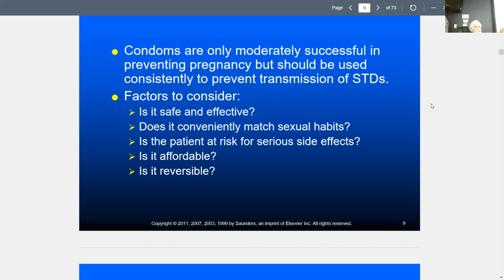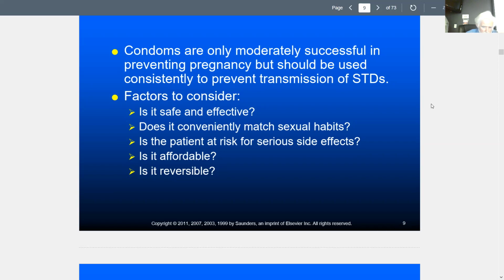The other reason you'd use condoms, of course, is to prevent transmission of STDs. STDs include things like herpes and others, besides the usual things we think about, gonorrhea and syphilis and so forth. But there are many of these things that are sexually transmitted.